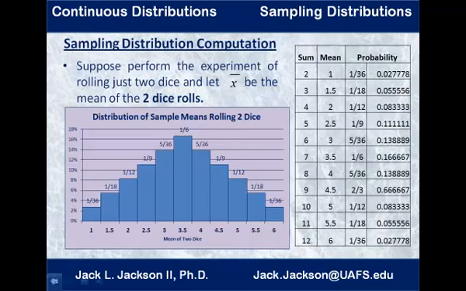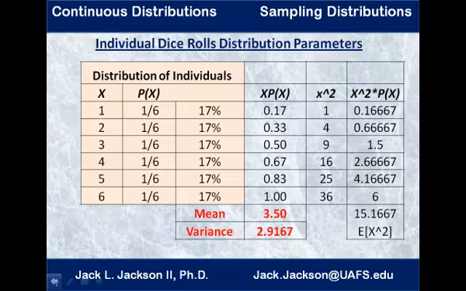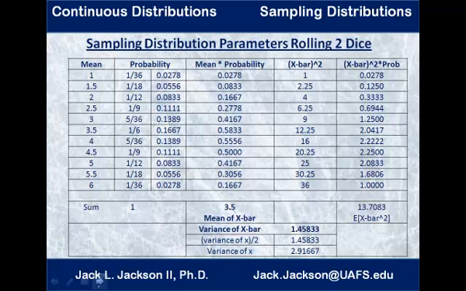Okay, now let's back up just a minute. When we look at the distribution of the individuals, look what the mean was. It was 3.5, and that's our measure of the center of that distribution. Look what the mean was for the x bars, also 3.5.